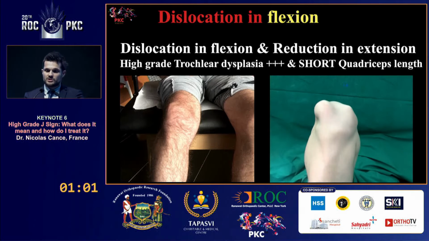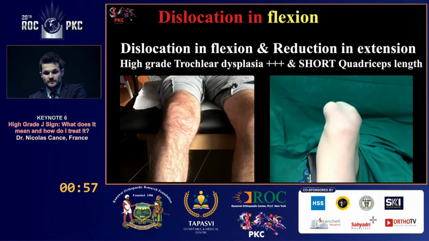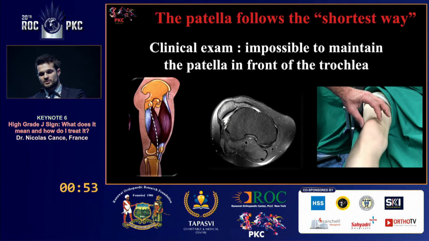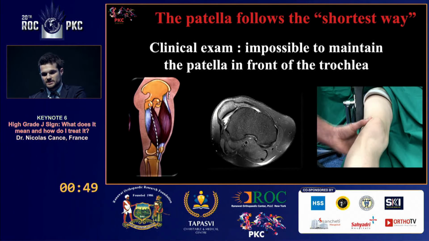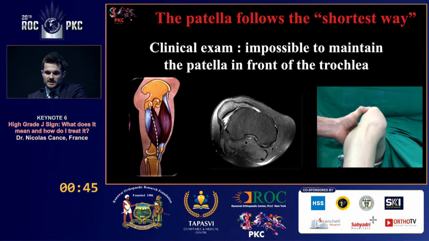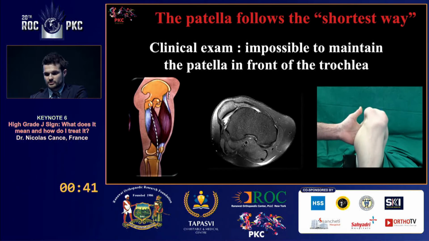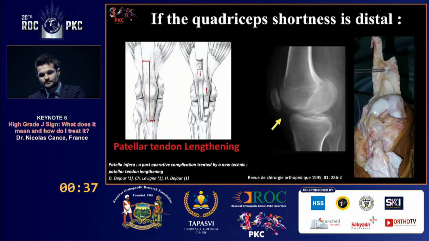In every dislocation in flexion, you get a short quadriceps length and a high-grade trochlear dysplasia every time. So the patella follows the shortest way because the quadriceps is too short, and the shortest way is the dislocated way. So during clinical exam, it's impossible to maintain the patella in front of the trochlea because there is no trochlea and because of the shortness of your extensor mechanism.